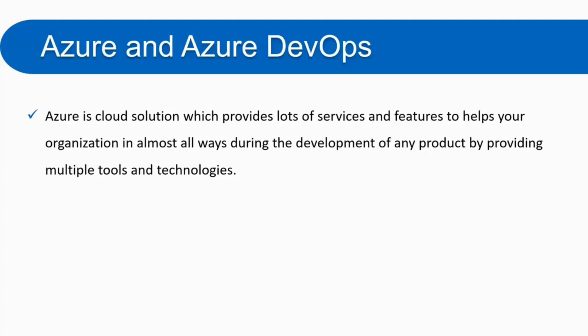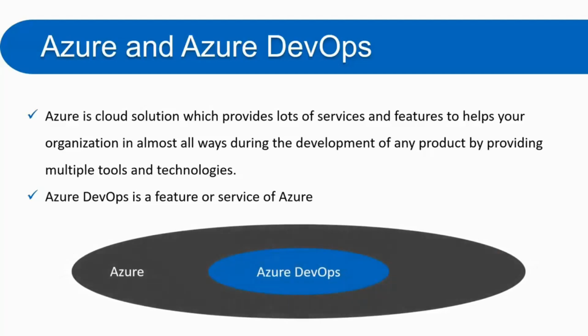Now what is Azure DevOps? Azure DevOps is a feature or service of Azure. In simple words, we can say that Azure is something very broad and Azure DevOps is a part of Azure. If we talk about the graphical representation, then we can say that Azure is something which is very big and Azure DevOps is a part of this big feature.